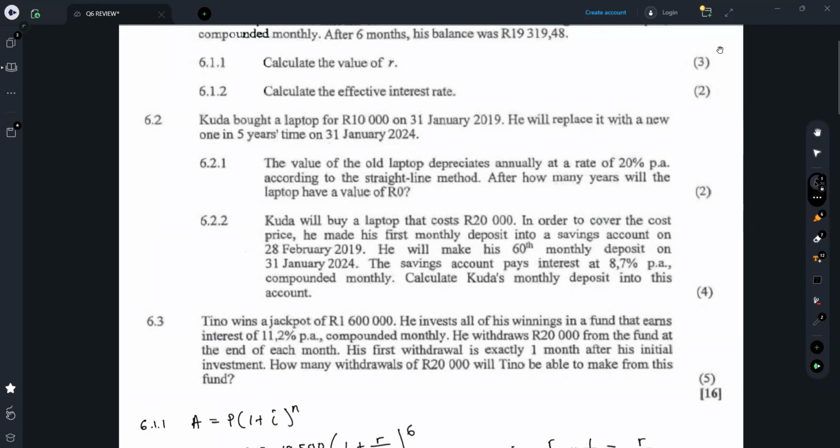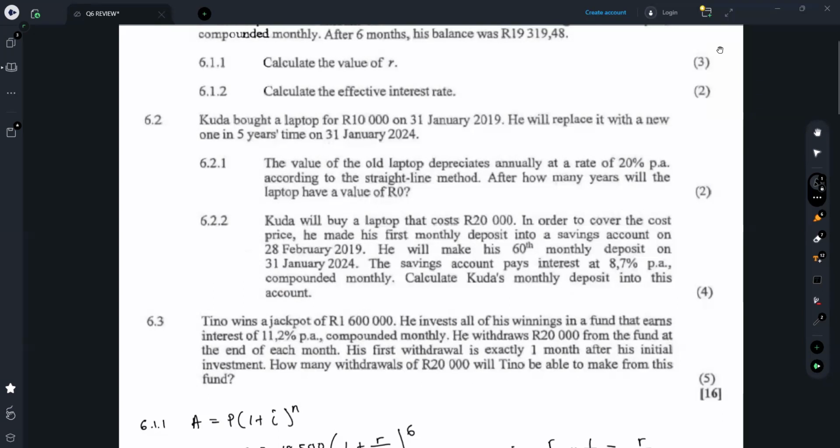So now what do we have here? We have 6.2.1. They're saying that the value of the laptop depreciates annually, so per year, at a rate of 20% per annum, according to the straight line method, okay? Now, after how many years will the laptop have a value of 0 rands? Okay, so we know that the initial price is what? 10,000.